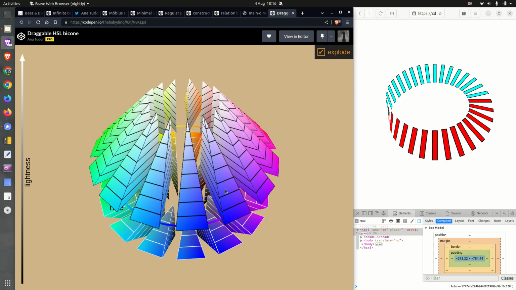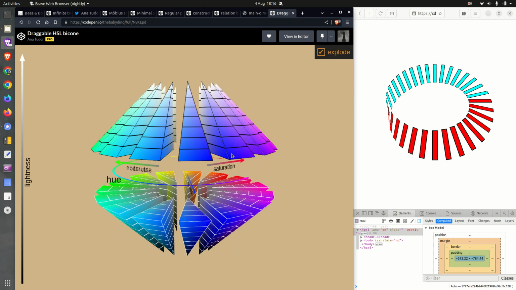And you can see in the middle, it's always gray. So the saturation goes from 0% in the middle, where we have pure gray, lighter or darker depending on where it is on the lightness scale, so that's 0% saturation, to 100% saturation on the surface of this bicone.